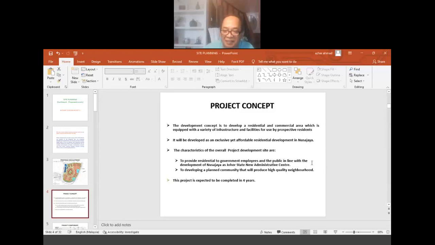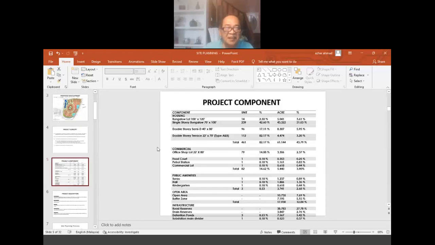I'm showing just an example. And we have the project components. We have the housing bungalow lots, there are about 14 units. We have single story bungalows, about 200 plus units, and so on. For the commercial, we have the office shop lots, and the height is not given here. A food court.